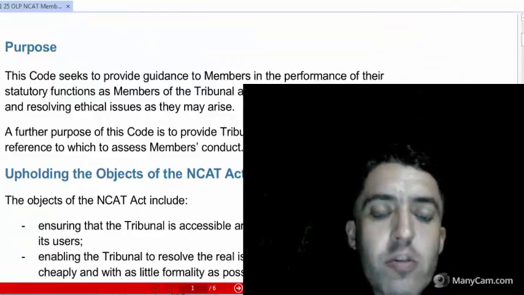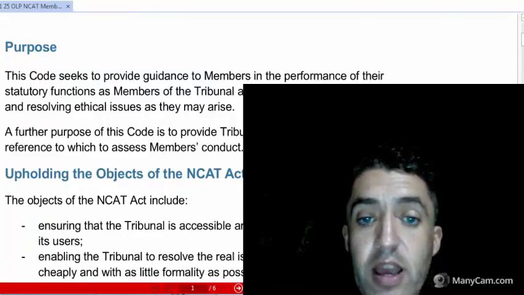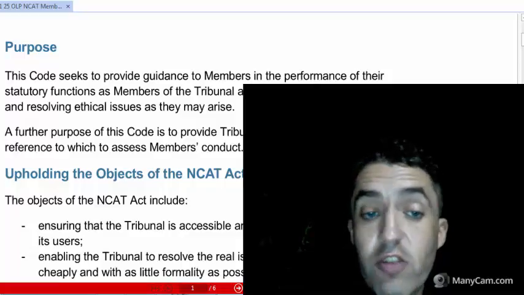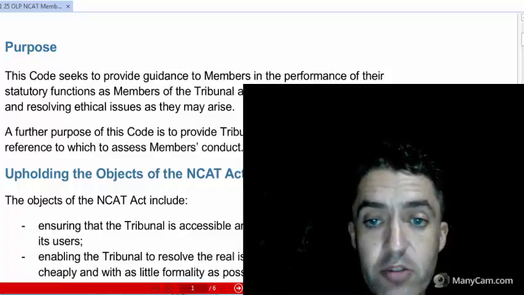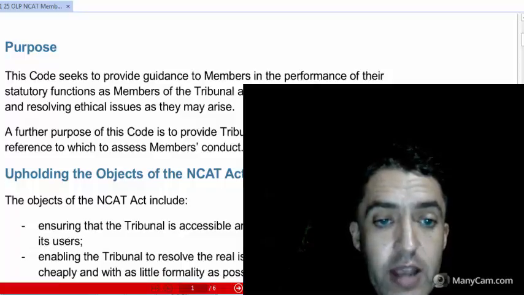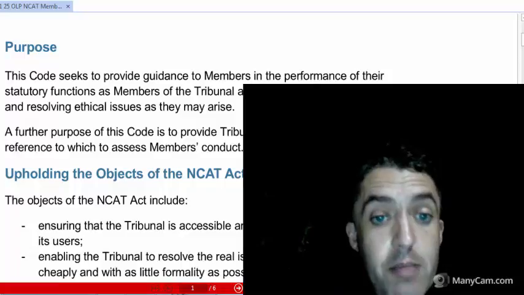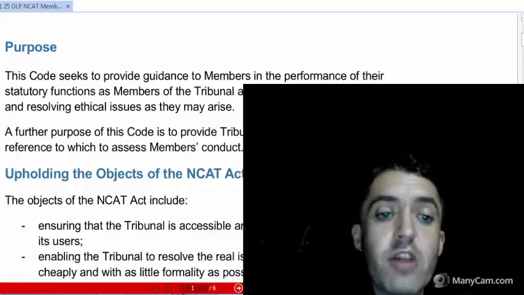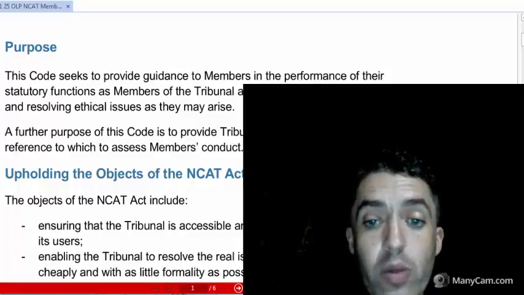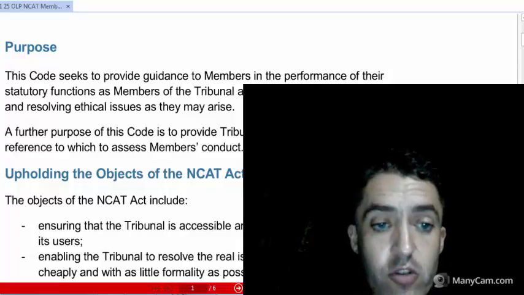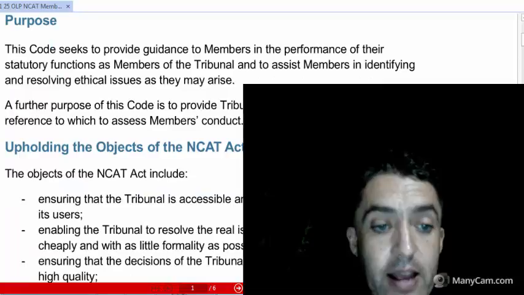This code seeks to provide guidance to members in the performance of their statutory functions as members of the tribunal, and to assist members in identifying and resolving ethical issues as they may arise. A further purpose of this code is to provide tribunal users with information by reference to which to assess members' conduct, upholding the objects of the NCAT Act.